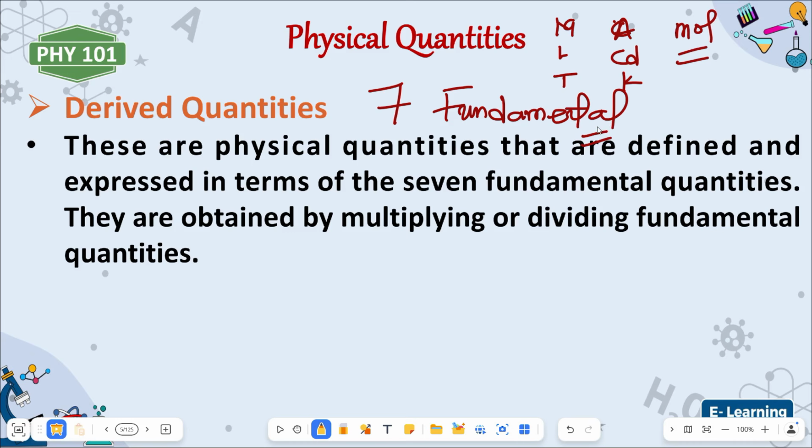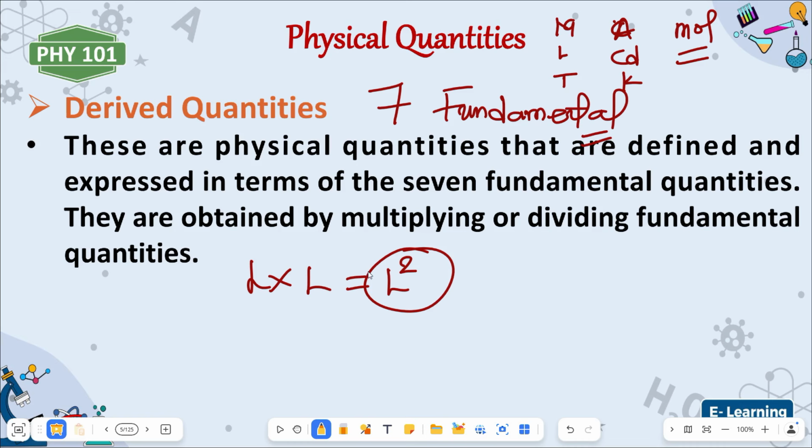So any quantity that you get by adding, subtracting, multiplying, or dividing fundamental quantities is a derived quantity. For instance, if I put length times length and you give me length squared, this length squared is a derived quantity.